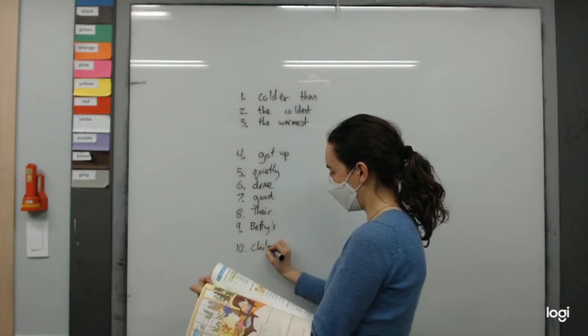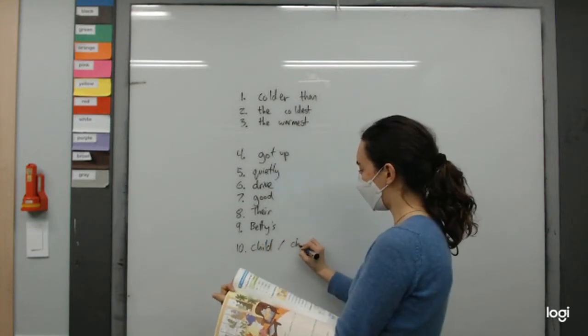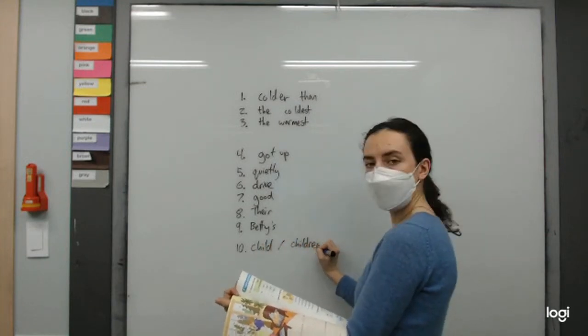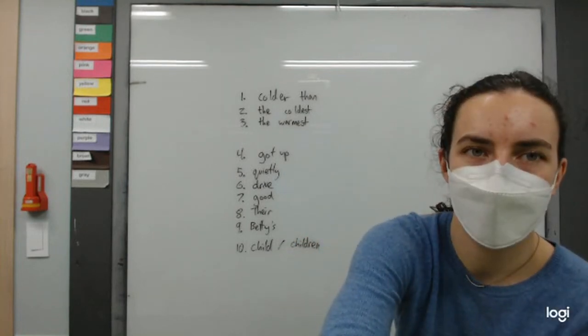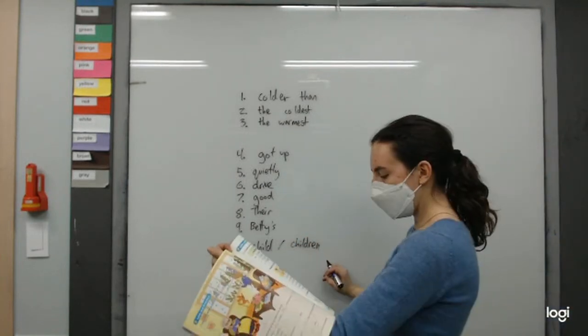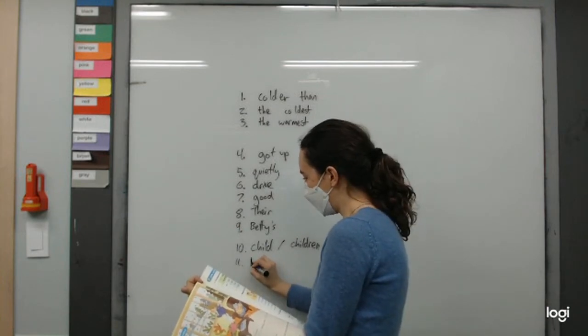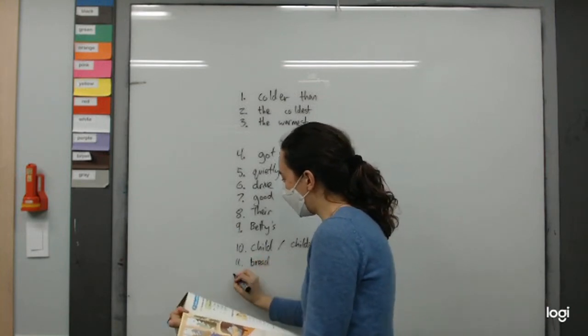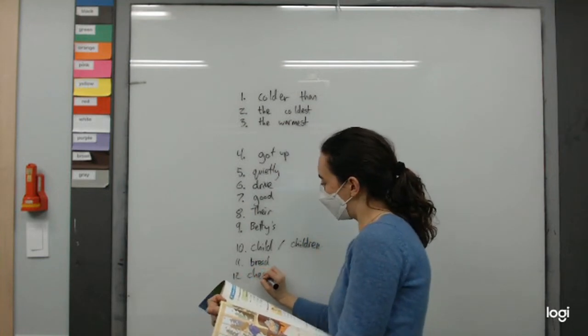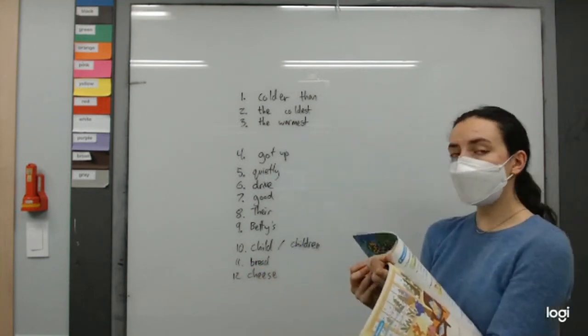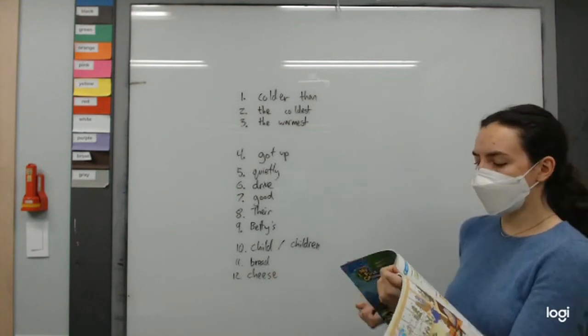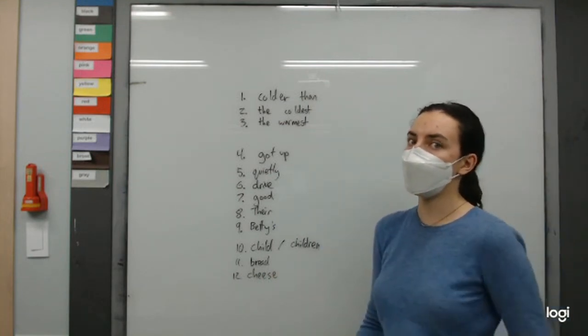Child, singular, and then plural form is children. Okay, and then the non-count nouns are bread and cheese. Okay, so please copy the answers, check your answers. I will erase and we will go to the workbook.